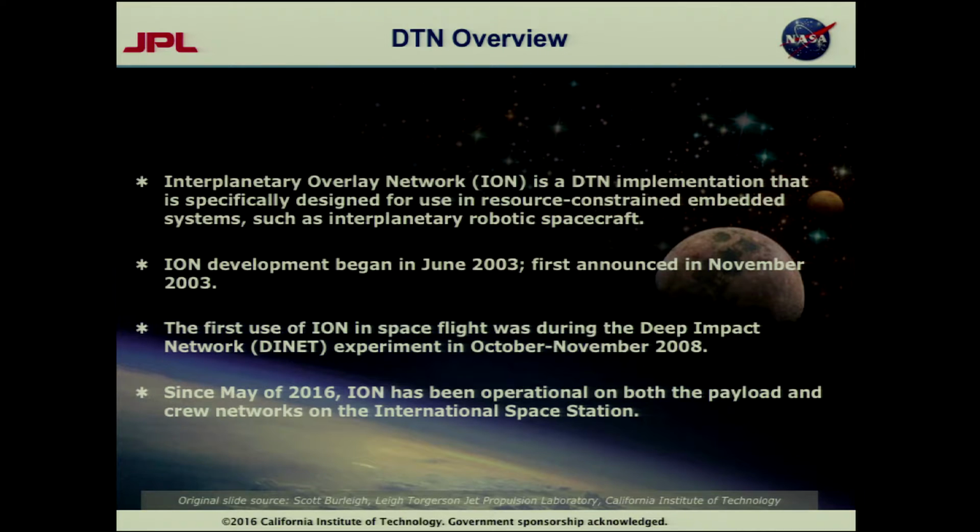And since May 2016, ION has been an operational service. The DTN has been an operational service on the ISS. So there's actually a DTN service for any ISS payload to use. So external and internal payloads can use the DTN service, and it's fully supported.